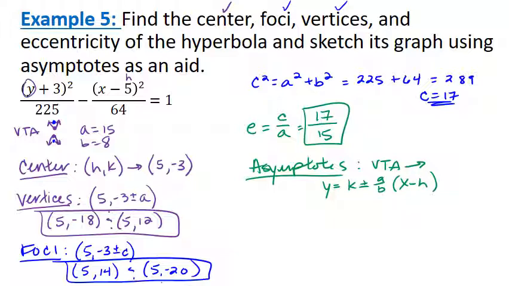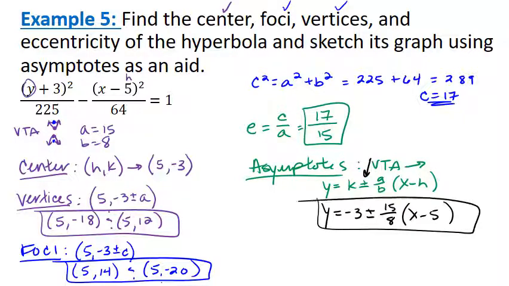There are two of them, indicated by that plus or minus, because one of those asymptotes will have a positive slope, the other will have a negative slope. So we will have y equals negative 3 plus or minus 15 over 8 times (x minus 5). Then again, you guys, just a brief sketch. You can go ahead and do this, but it's going to end up looking something like this.